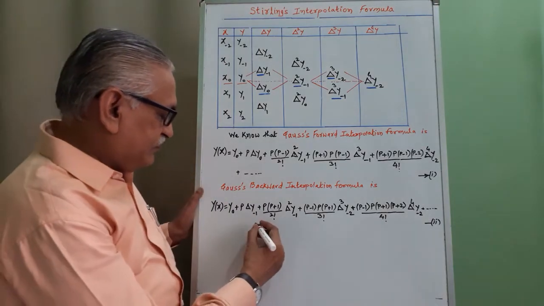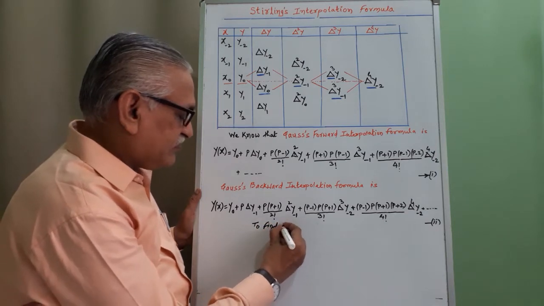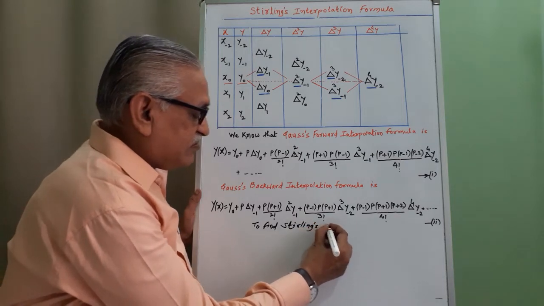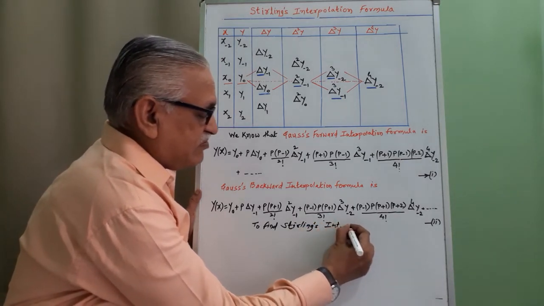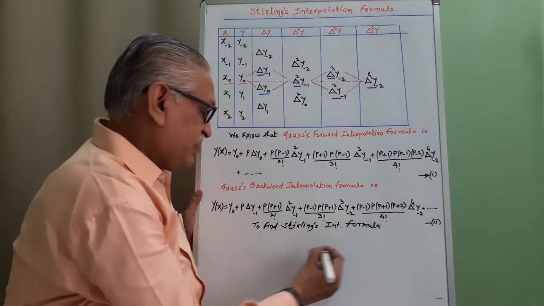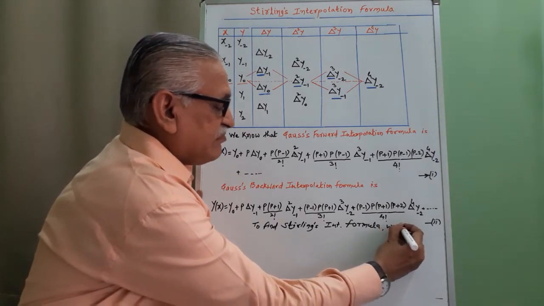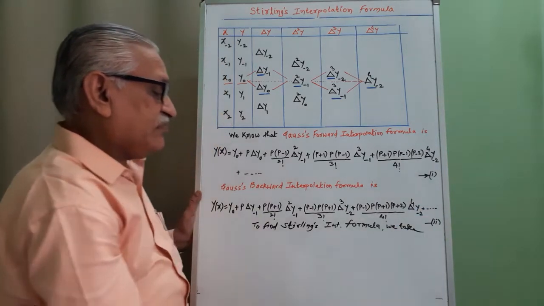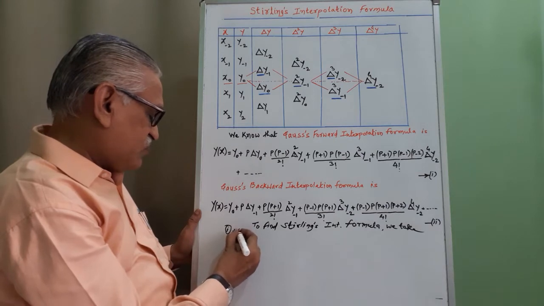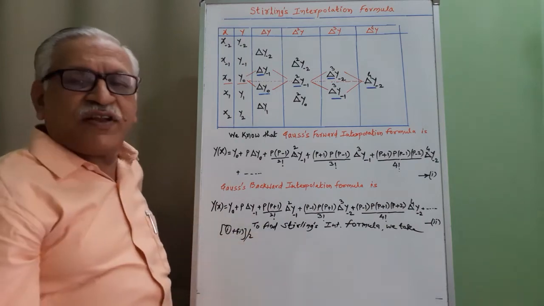Therefore, to find Stirling's interpolation formula, we take equation 1 plus equation 2 divided by 2, that is, the average of the two results.